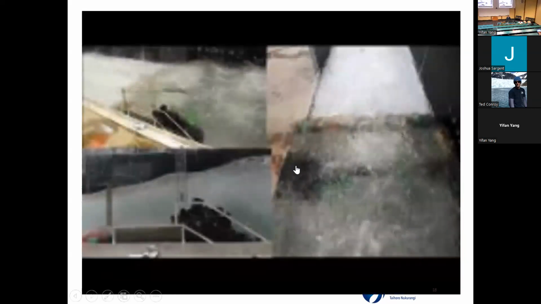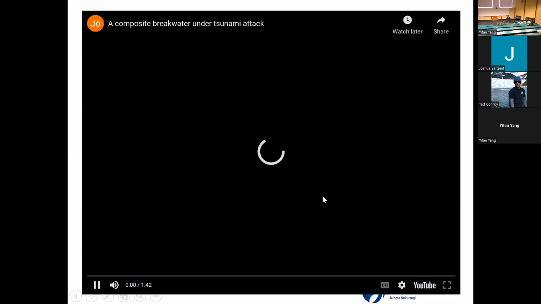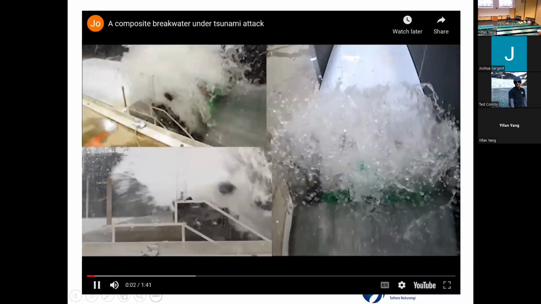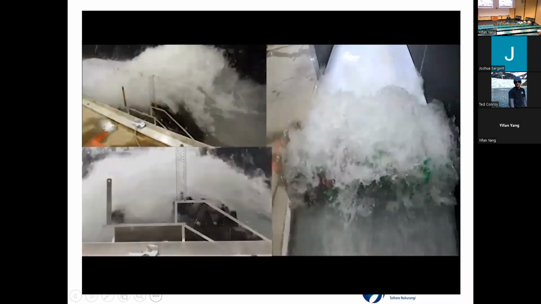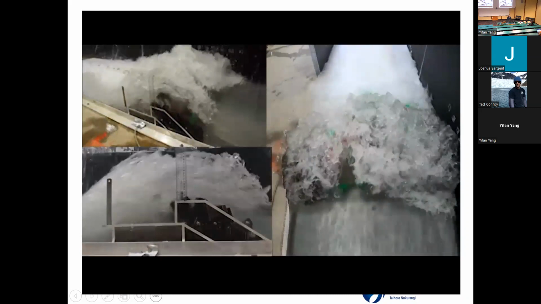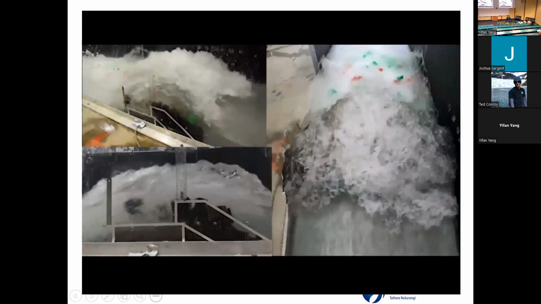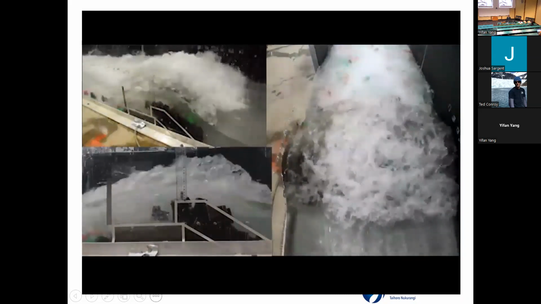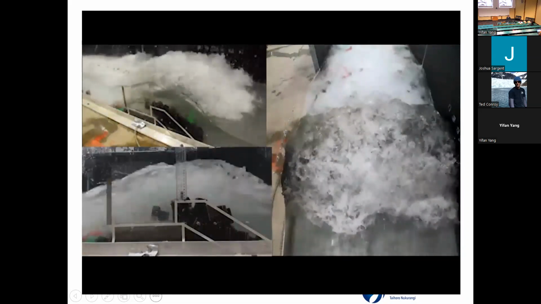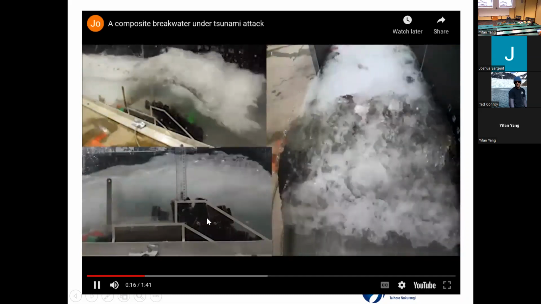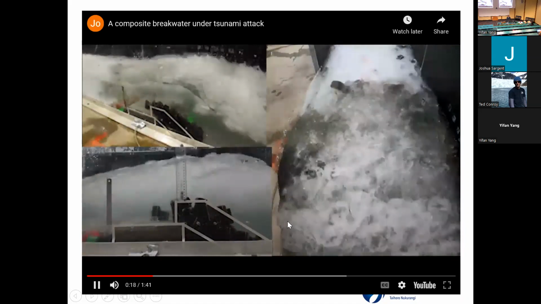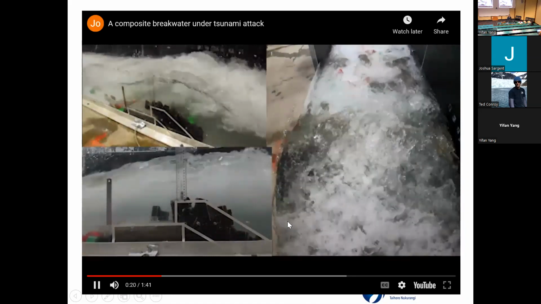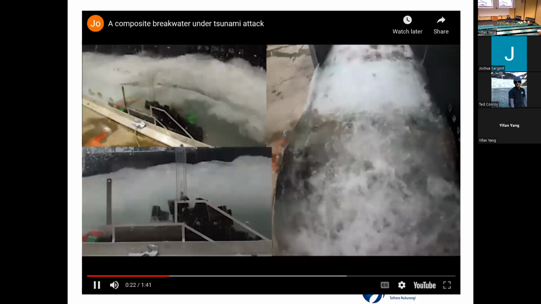So here's a video of when the tsunami bore impacts the structure. The tsunami bore approached the structure, impacted over the top of the structure, and caused some damage.